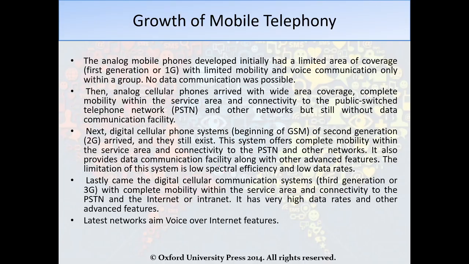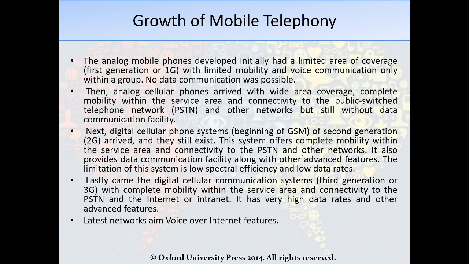GSM was the beginning of the digital cellular standards, where the second generation arrived. It effectively provided voice communication, offered complete mobility within the service area, and also gave connectivity to the public switched telephone network. Primarily it was for voice communication, and then it was amended to start providing data communication facility also.